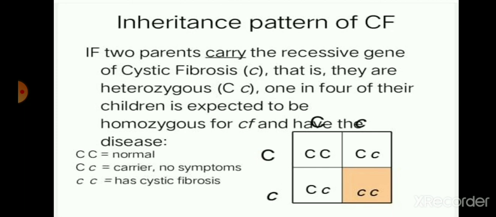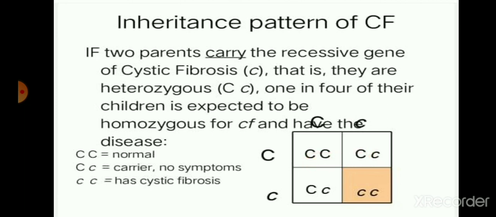So the genotypes of the children we got: one has a dominant C and another dominant C, so this child is normal. The second has one dominant and one recessive, so it is heterozygous, a carrier without symptoms.